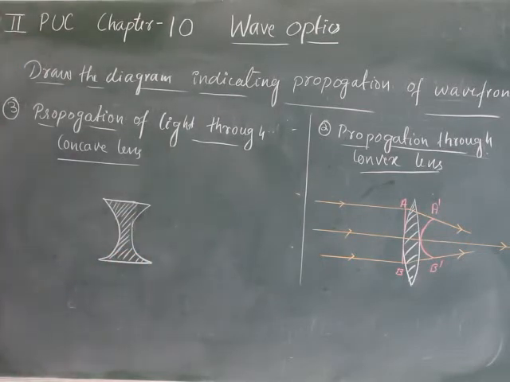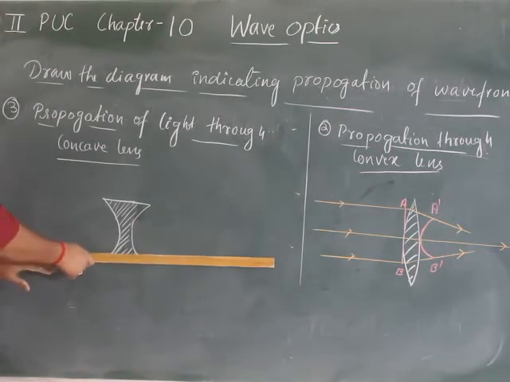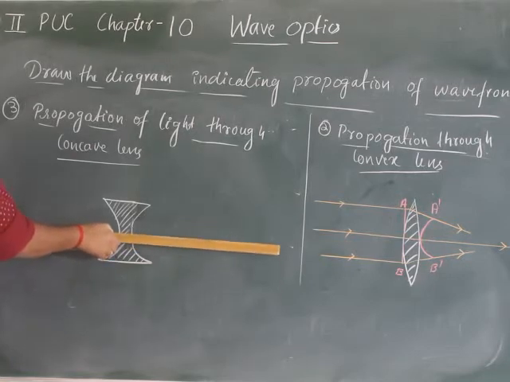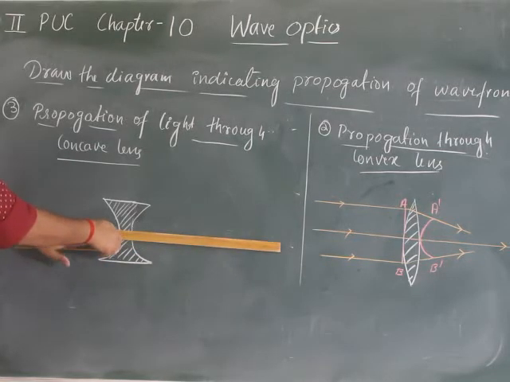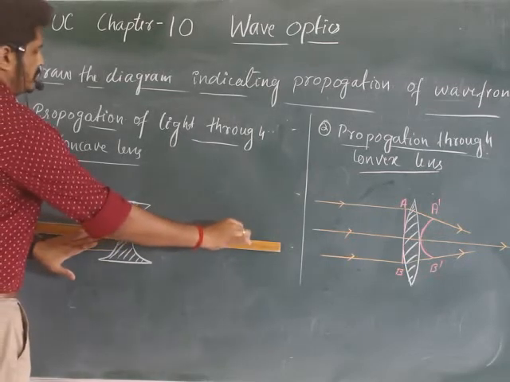Now a parallel ray of light will be incident on this. The ray of light which passes through the optic center will pass undeviated, you know already.